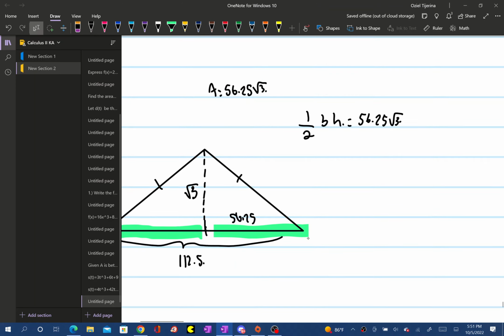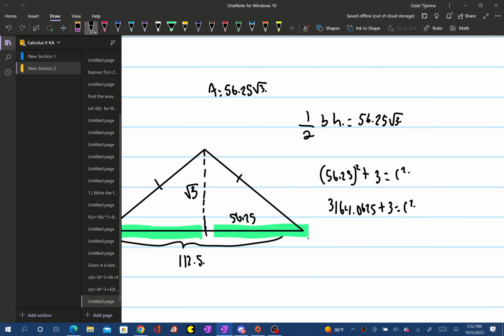And so if I do 56.25 squared plus 3 equals c squared, I get 3,164.0625 plus 3 equals c squared.